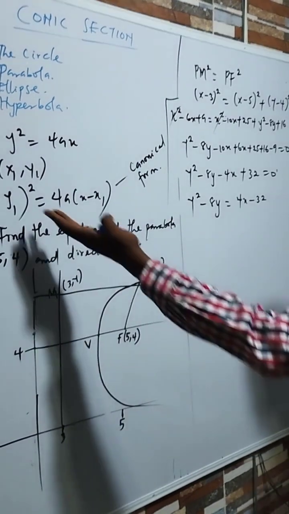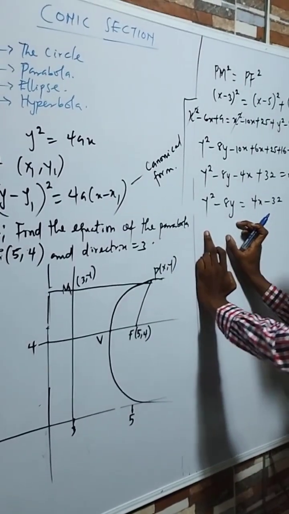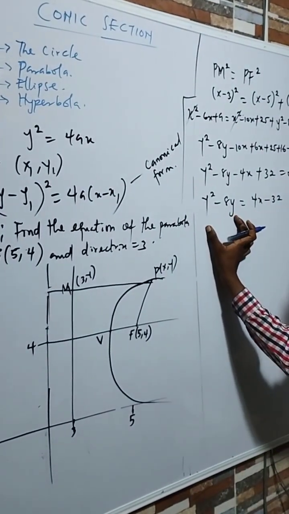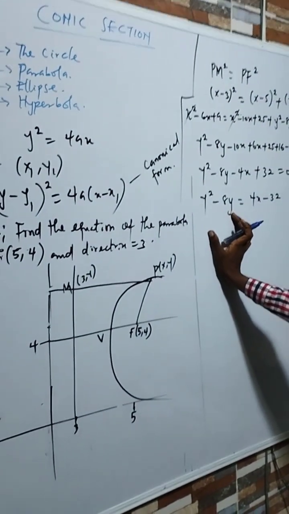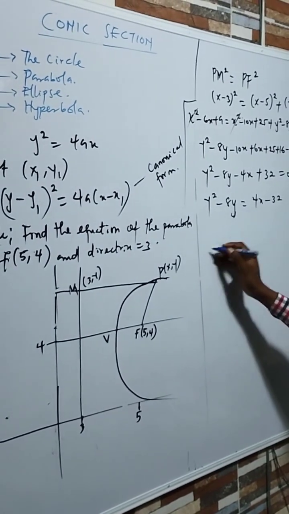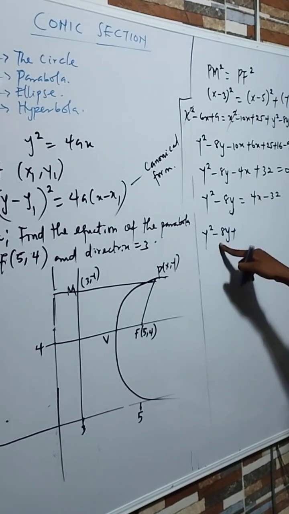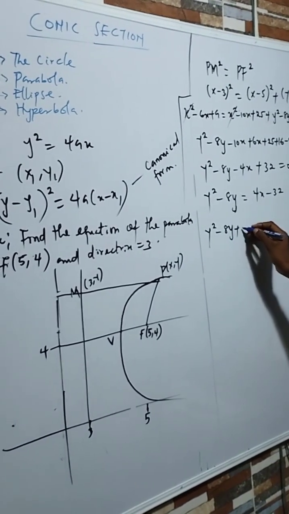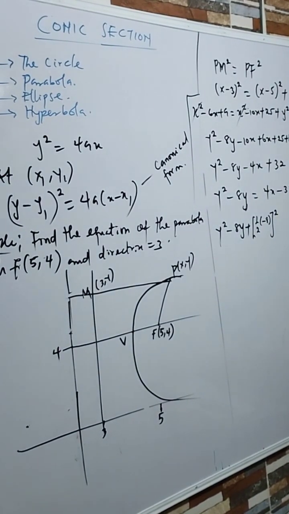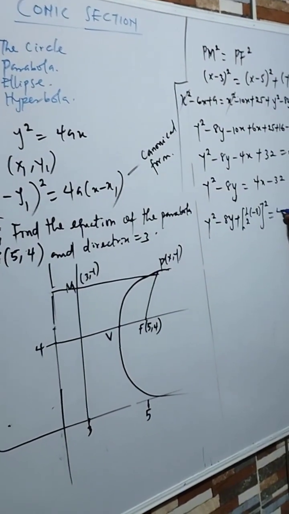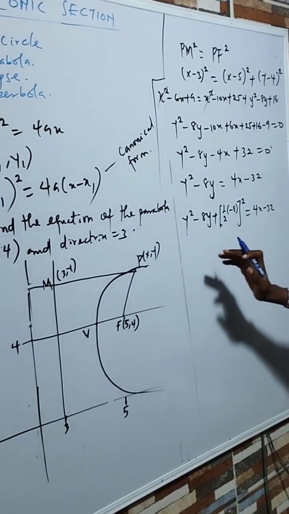Now, I want to write it out in this way. This is the incomplete form of a quadratic equation, so I will make it complete. The complete form is y square minus 8y plus half of the coefficient of minus 8, all square, equals 4x minus 32. Whatever you add to the left, you do to the right.